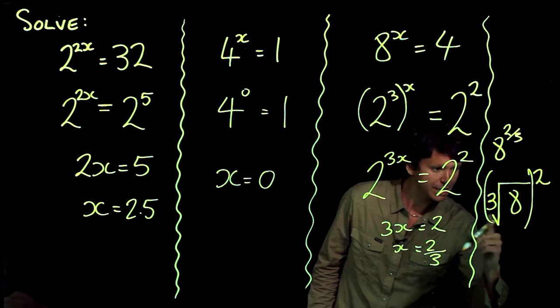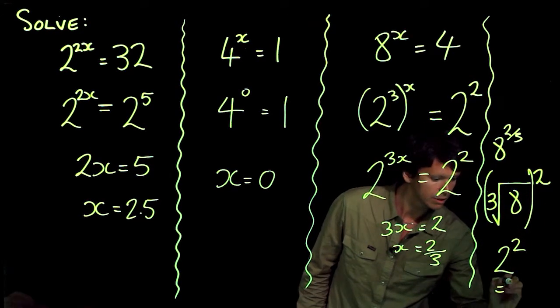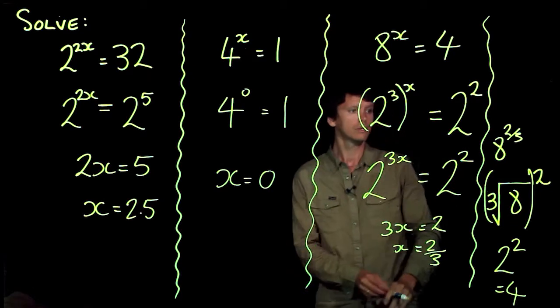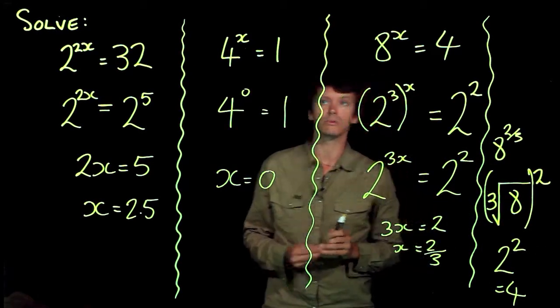The cube root of 8 we know is 2, and 2 squared equals 4, which you could use as a check, or you might have actually spotted it in that way in the first place.